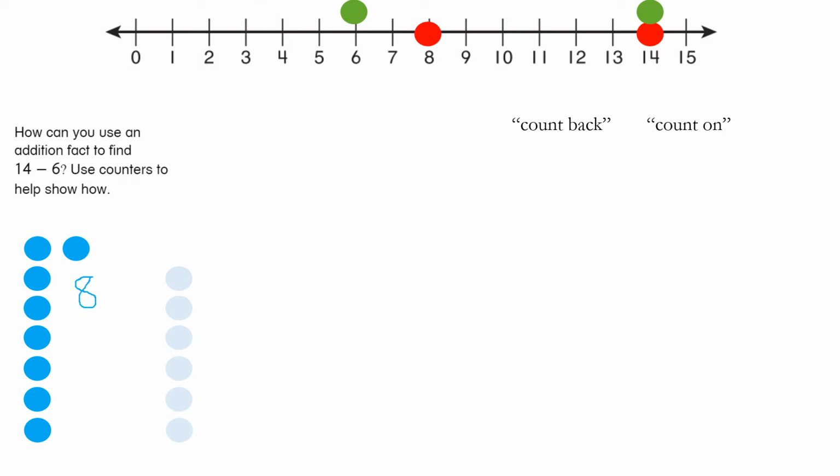There's another way we could do it. If we know our fact families, they're super useful. 14 minus 6 is the problem. It's the same as this addition problem. 6 plus something equals 14. If we know our addition fact families, and 6 plus 8 is almost like a near doubles fact.